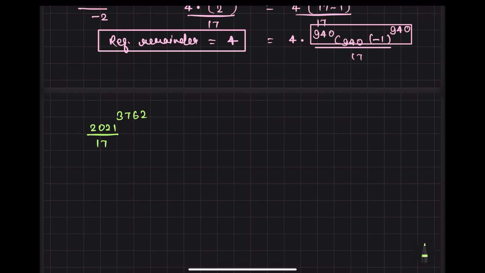Now what we have to do is write it in the 2021 power 17 minus 1 form. Means we have to write 2021 power 16. So how will we convert that thing?